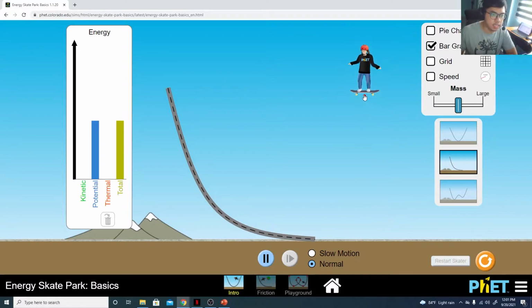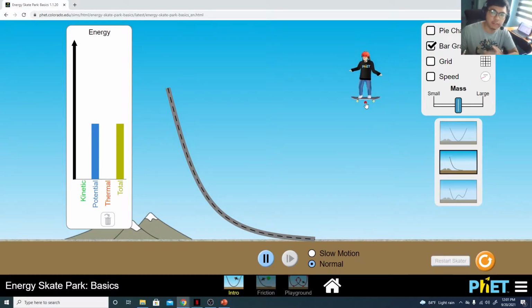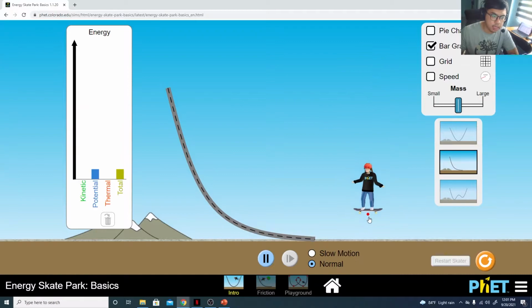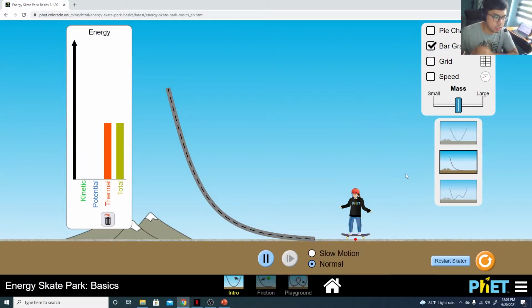And you can see this is how the energy is changed. Right? So when she's at the top, she has a lot of gravitational potential energy, but as she reaches towards the bottom, her kinetic energy increases, and in fact, the kinetic energy is the greatest when she is closest to the ground.